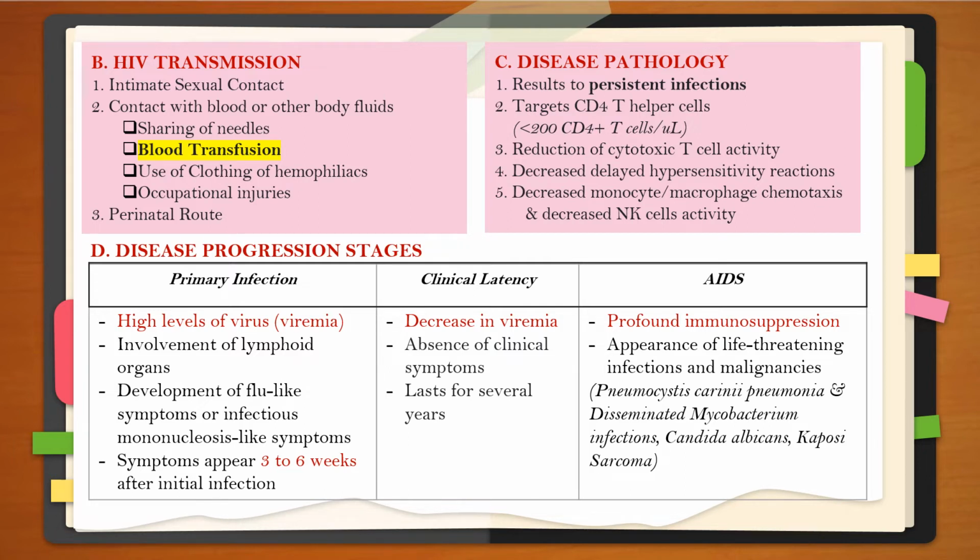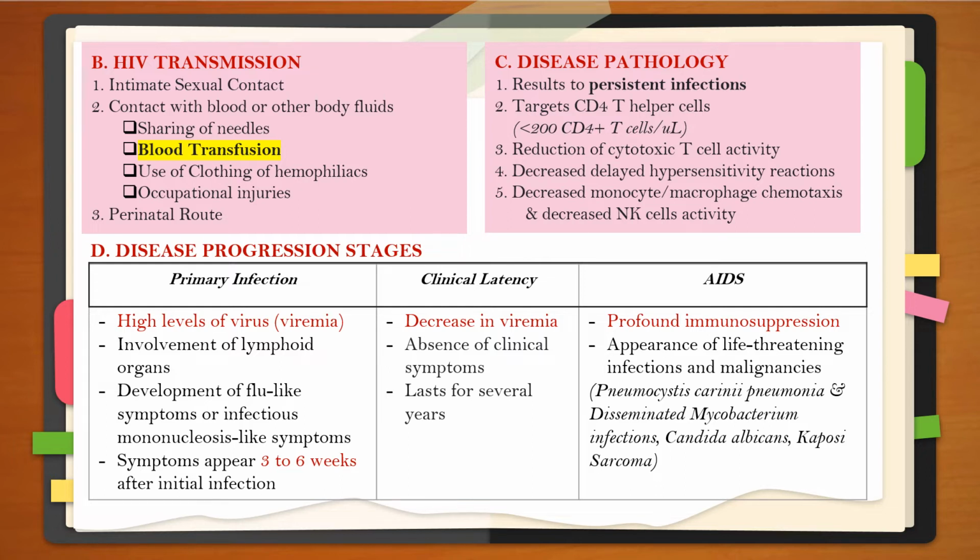While in the clinical latency, there is an evident decrease in the viral load, and it is characterized by the absence of symptoms. Take note, class, that the length of the clinical latency can vary in individual patients depending on their immune system, but typically it lasts for several years.